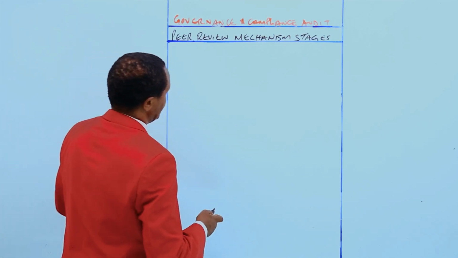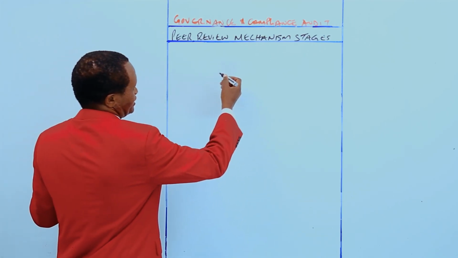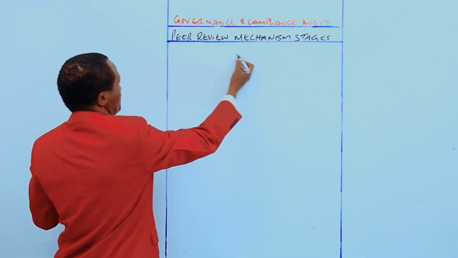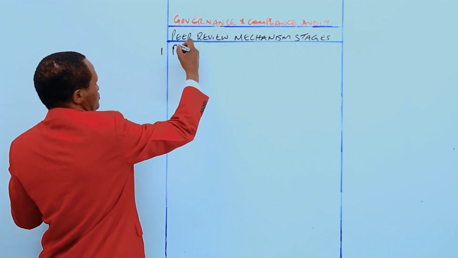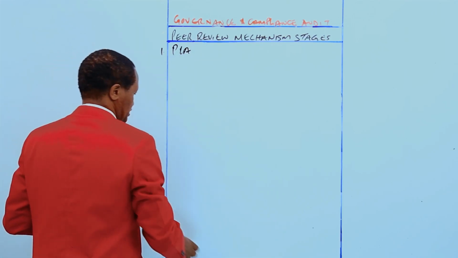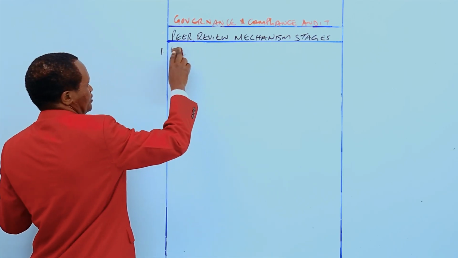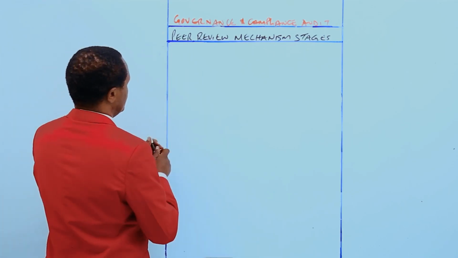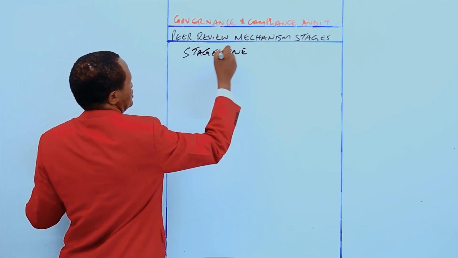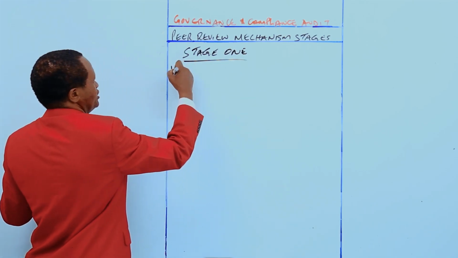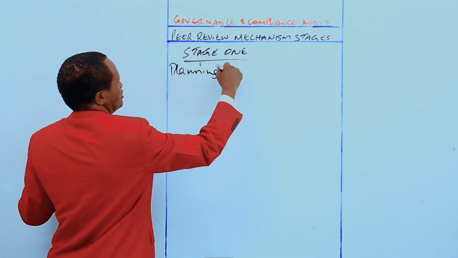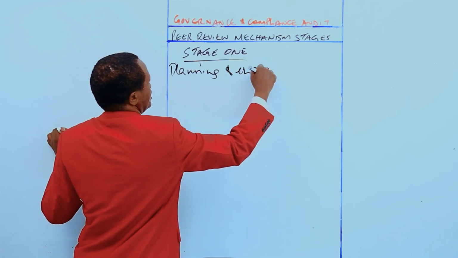Planning and engagement is the first stage. We are discussing stages in peer review mechanism. Stage 1, planning and engagement.